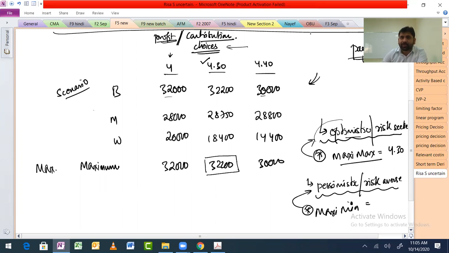See, here you were an optimistic guy, and if you just understand the word optimistic, then you will know what to do, right? In this case, this guy is pessimistic. So how does a pessimistic guy think? He will think all the bad things in the world will happen to him only. So he is thinking that if I do project 4.2, the worst thing will happen, so I will get 20,000 only.